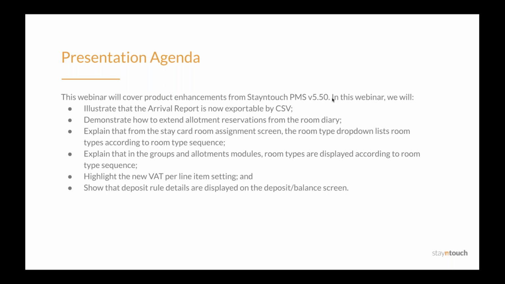In this webinar, we will illustrate that the arrival report is now exportable by CSV, demonstrate how to extend allotment reservations from the room diary, explain that from the Stay Card room assignment screen, the room type drop-down lists room types according to room type sequence, explain that in the groups and allotments modules, room types are displayed according to room type sequence, highlight the new VAT per line item setting, and show that deposit rules are now displayed on the deposit balance screen. We will have a short Q&A session at the end of the presentation.